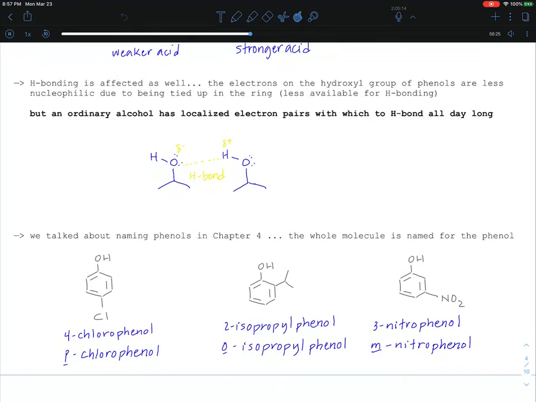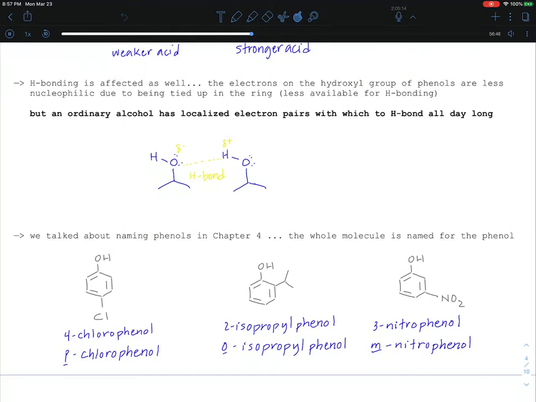It's feeding electron density into the ring. And if the ring in electrophilic aromatic substitution is going to be the nucleophile, wouldn't it be nice to shower it with some electrons? So the hydroxyl group being the activating species, we went through all the resonance forms. We know that it is an ortho-para director.